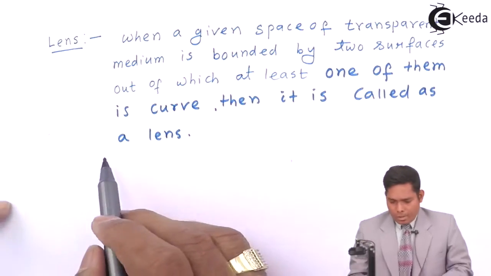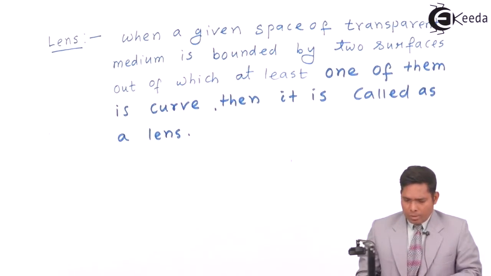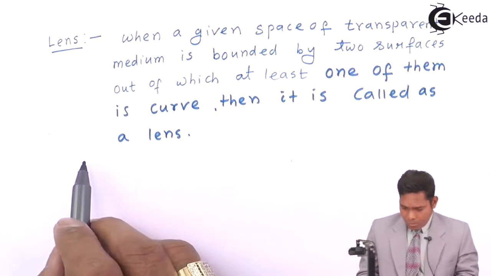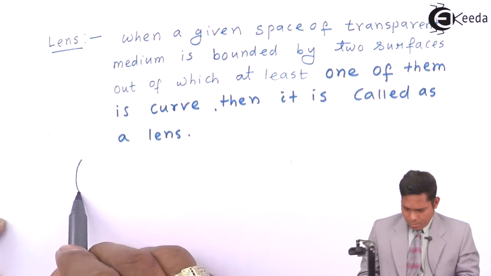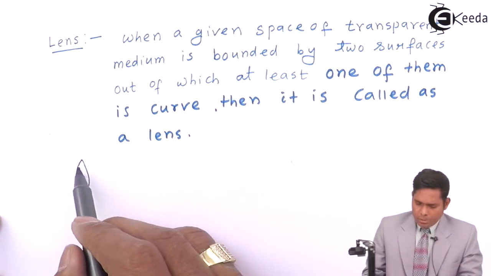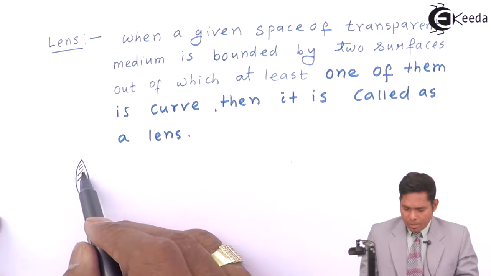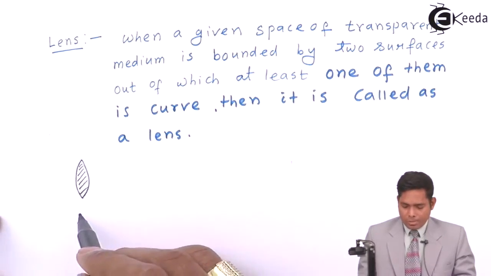Let us see how a lens is formed. Suppose these are the two curved surfaces which bind a medium. Suppose this is glass. If glass is given this shape, then this becomes a lens.